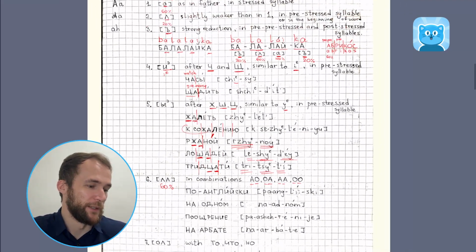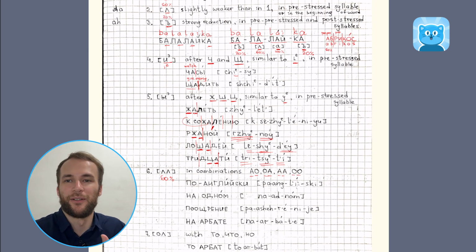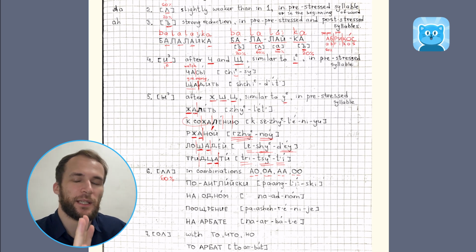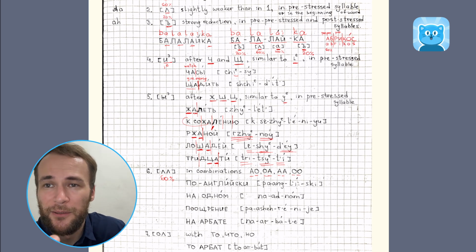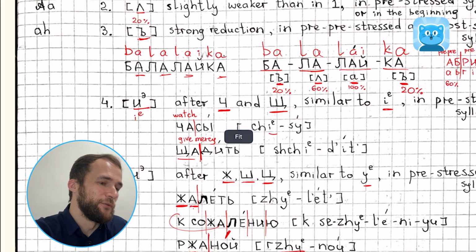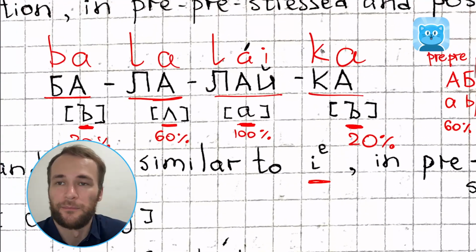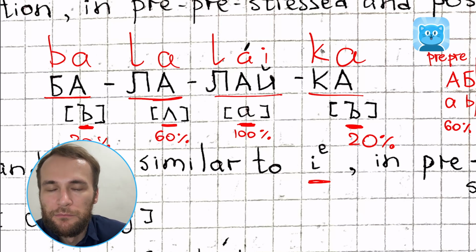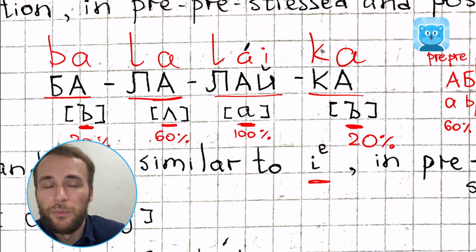So that is about letter A. These are the sounds that letter A can make. So it's not only A. And you see, that's what I was telling you about. If you pronounce A always as A, of course, people will still understand you, but it sounds a little like a robot.